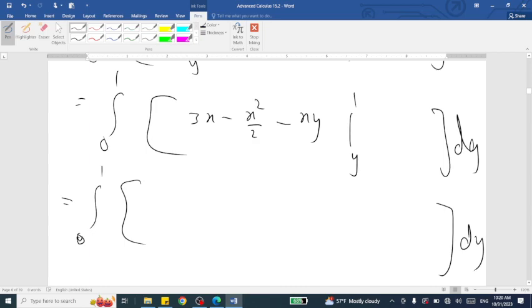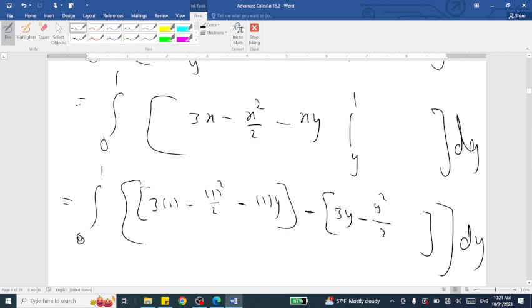Good. So 3 times 1, minus 1 squared over 2, minus 1 times y, minus 3y, minus y squared over 2, minus y times y. Understood? Let me make it red.